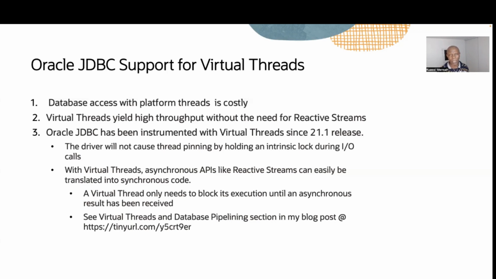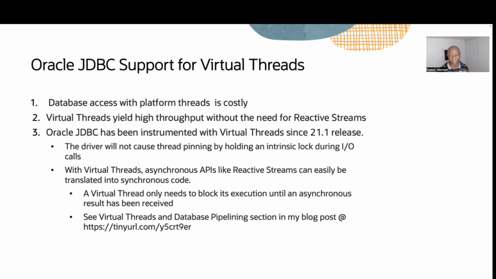So we are following that, and we are supporting the latest version of the specification in JDBC 23c. The benefit of that is the driver will not cause any thread pinning. Thread pinning is when the thread will be holding onto the OS thread. So that's not going to happen.